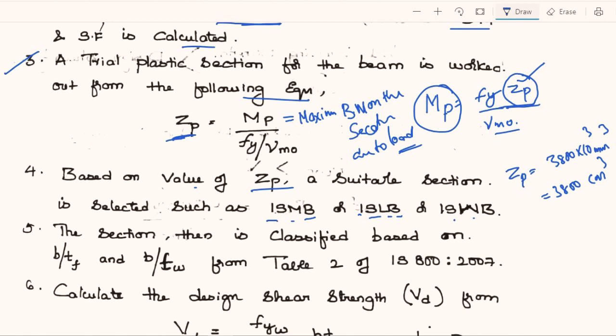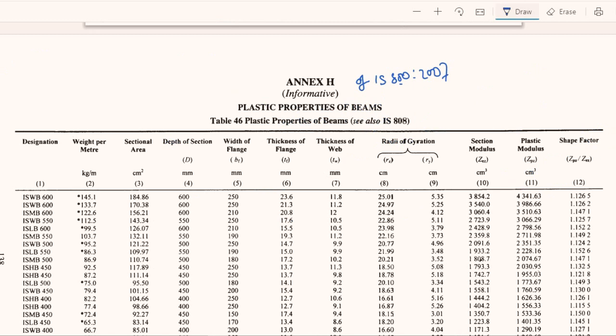So in the step 3, this is the Zp I got. Now I need to select a suitable section whose plastic section modulus is equals to 3800 centimeter cube or greater than this. So for this, I am going into Annex H of IS 800 2007, page number 138. See here, plastic properties of beams.